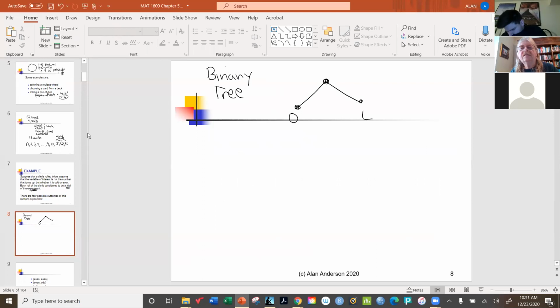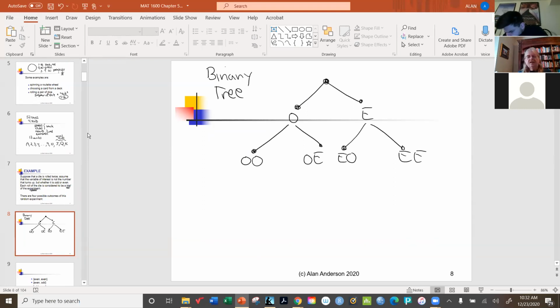O or E. Obviously, O is odd, E is even. And then once we've had our first odd, the next roll can either be another odd or an even. Once we start with an even, we can then have an odd or we can have another even. All right, so these are the four outcomes that could happen.